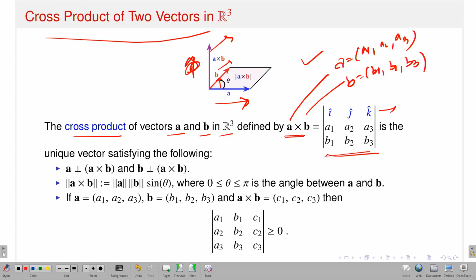If you remember the calculation, this is i cap times A2 B3 minus A3 B2. This is the first one.